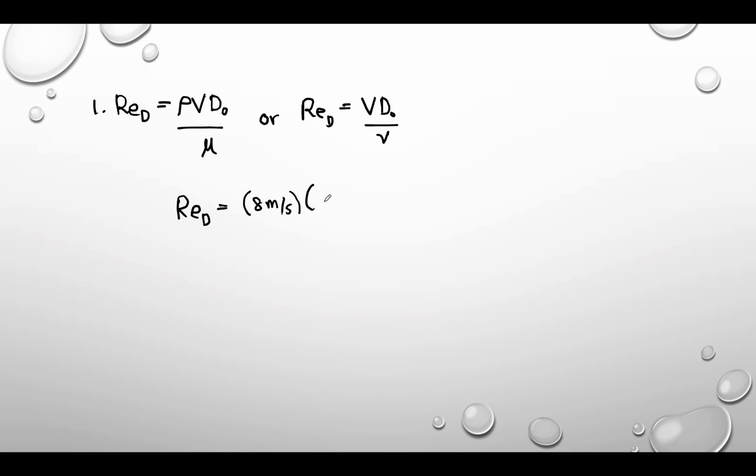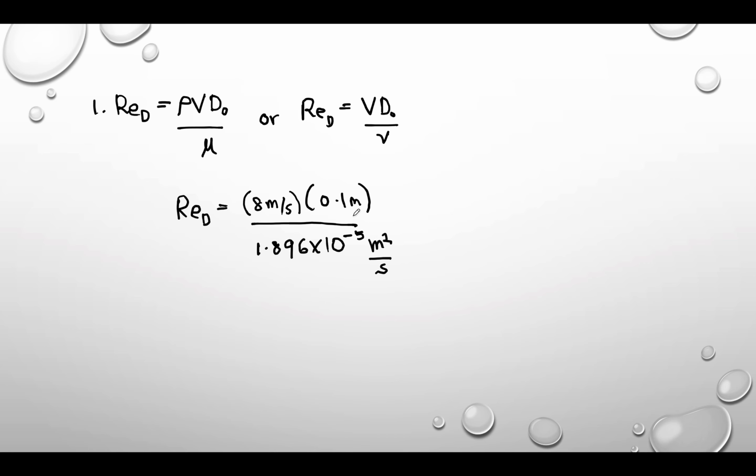So times 0.1 meter is the diameter for the cylinder, and divided by the kinematic viscosity, 1.896 times 10 to the power of minus 5 meter square per second.